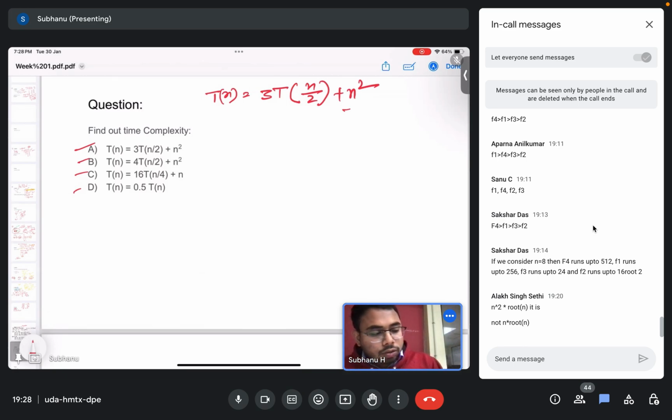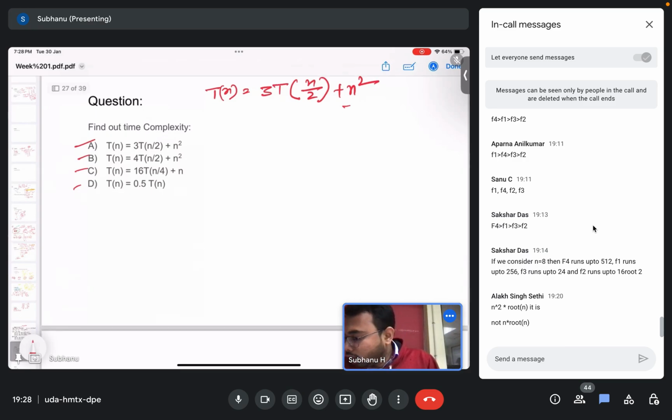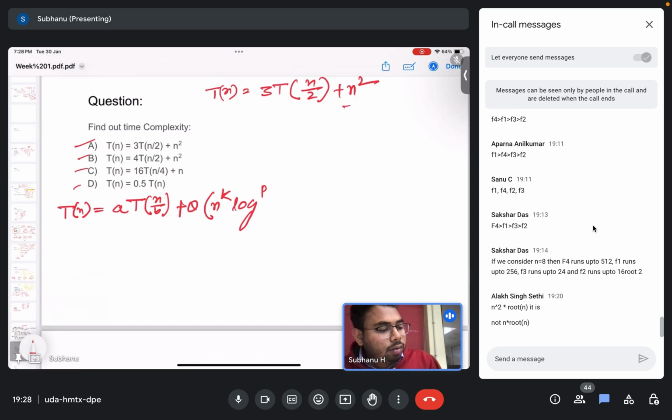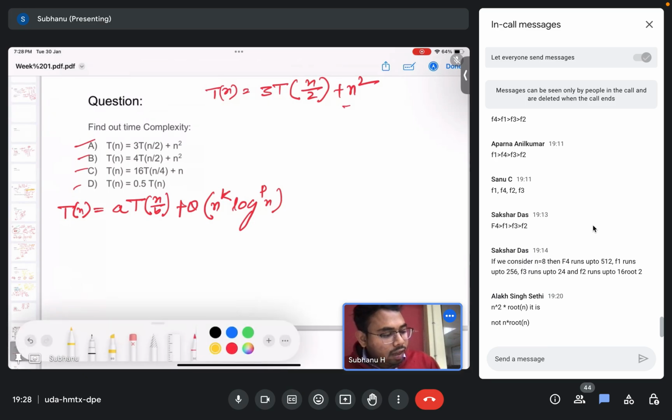In our master theorem we saw that Tn is equal to a into Tn by b, plus theta of n to the power k log to the power p n. So we have to check what is a and what is b.